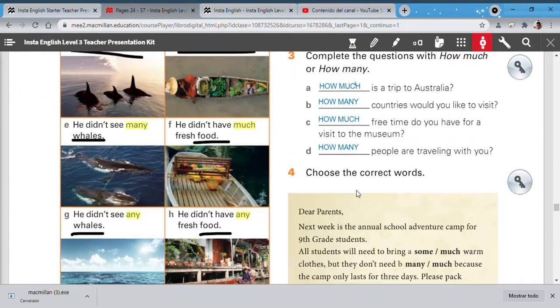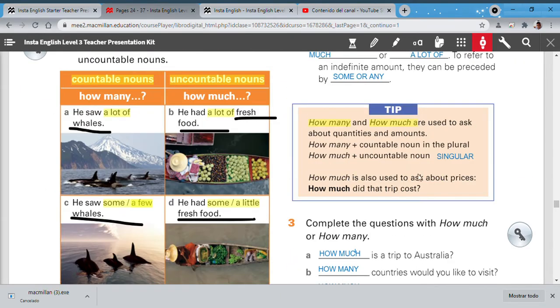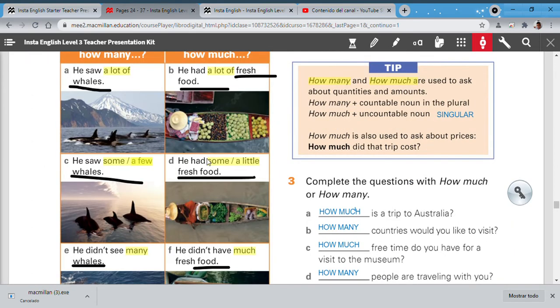Here. For example, in uncountable noun, you say, first of all, how much? How much fresh fruit did you have? He had a lot of fresh fruit. A lot. Mucho, bastante.